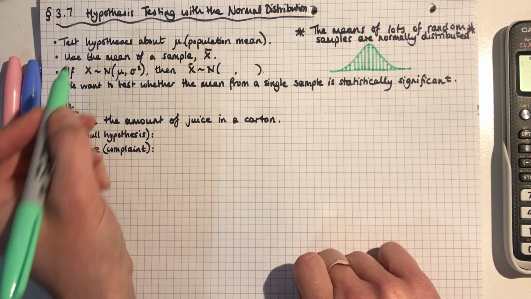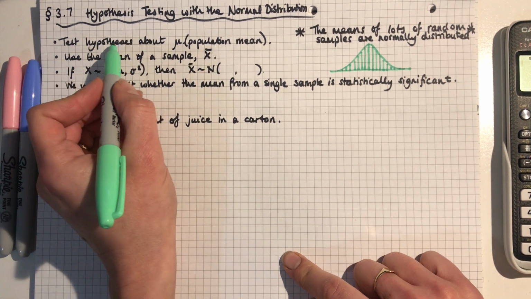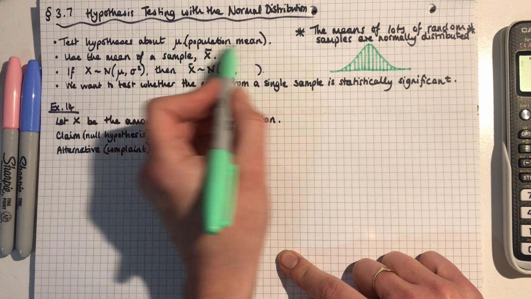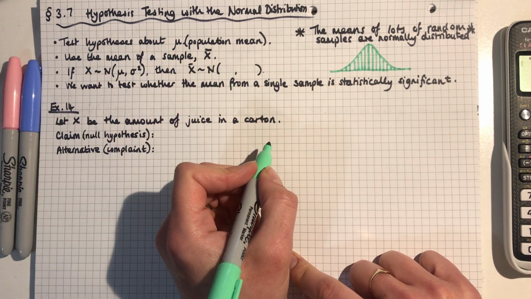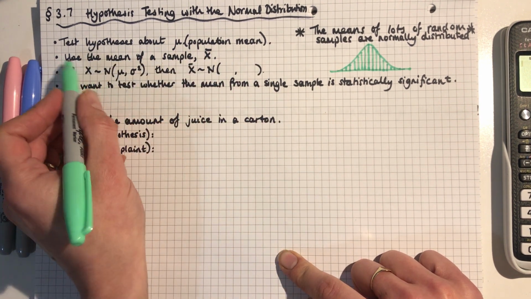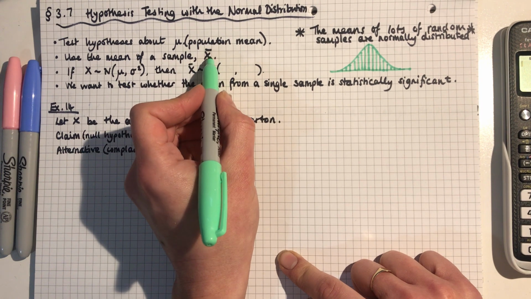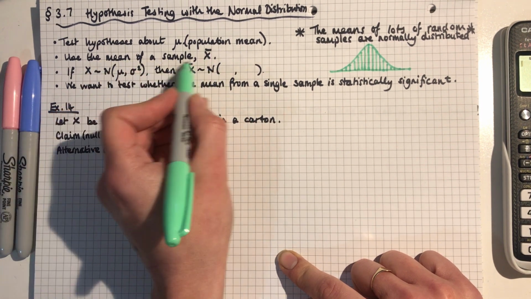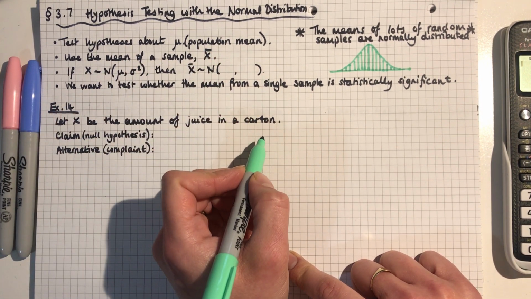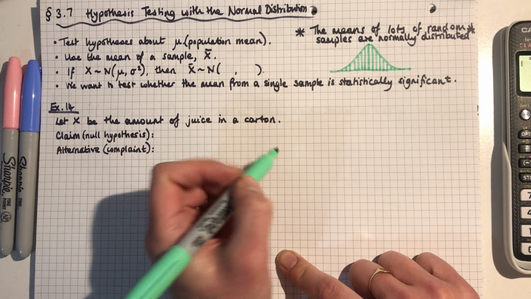So we can do hypothesis testing on a sample to test whether or not the sample resembles the population mean. We call our sample X, and we call the mean of a sample capital X bar, and you've seen this X bar notation for mean before.